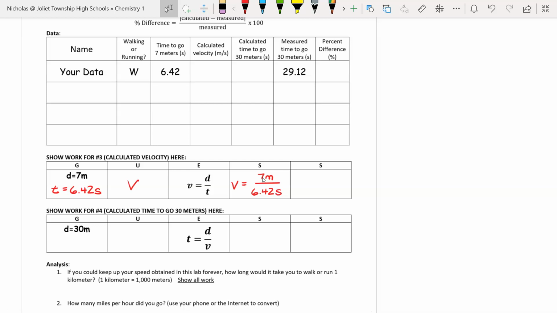I'm going to pull my calculator out, and 7 divided by 6.42 is 1.09 meters per second. So my calculated velocity was 1.09, and the units are already in the table, so I don't need to rewrite those.